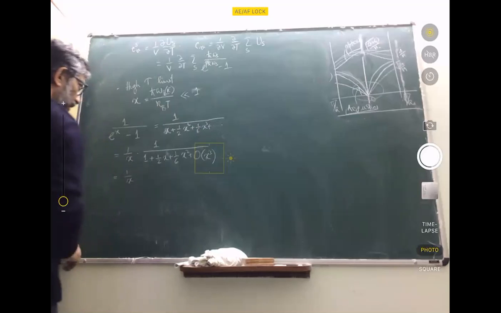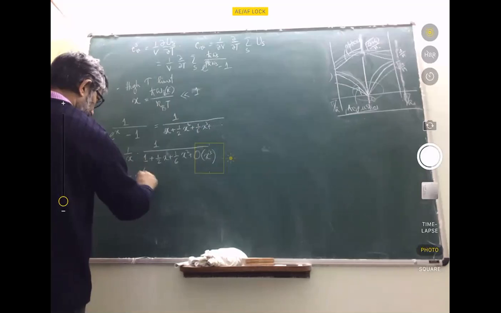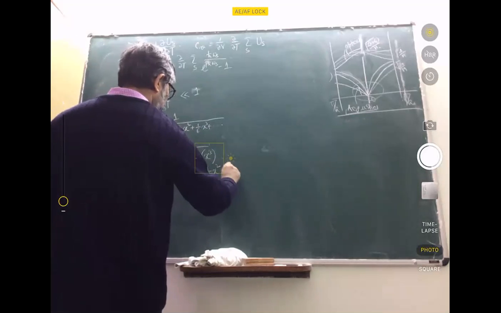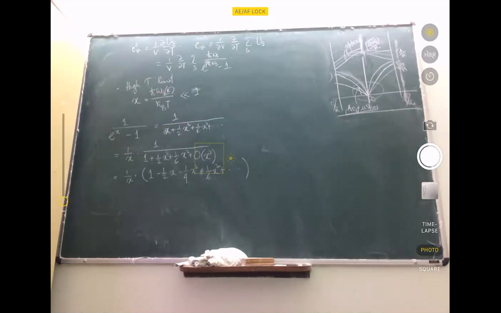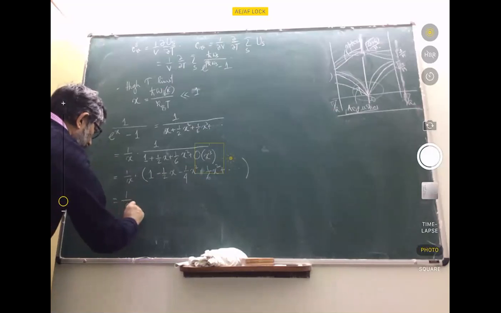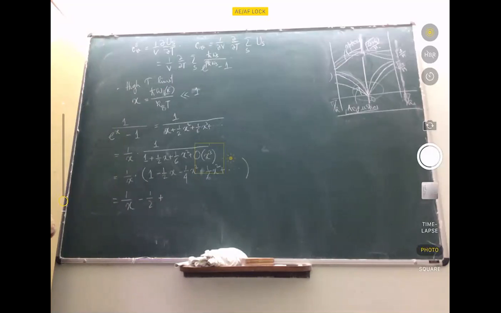So then I have... and then other terms. When you club these two together, what you have is 1 over x minus half, and then you have a plus, this should be plus.